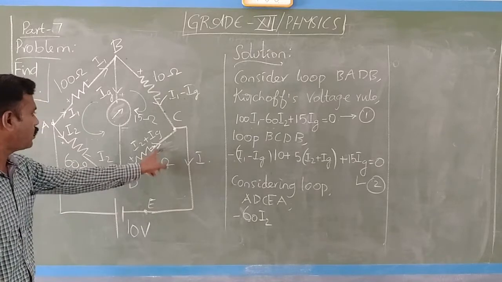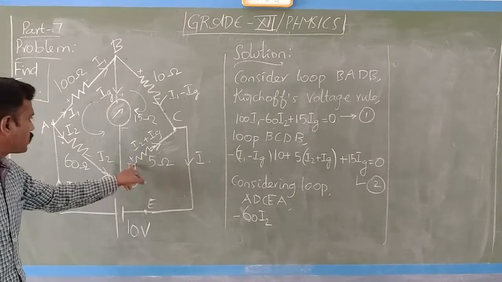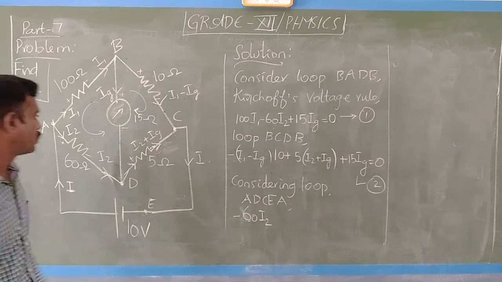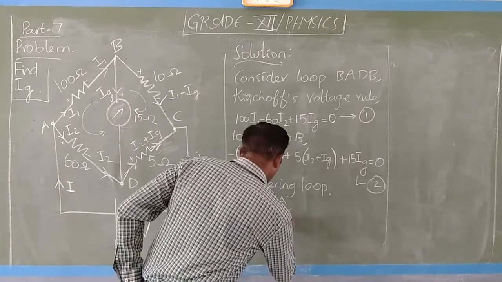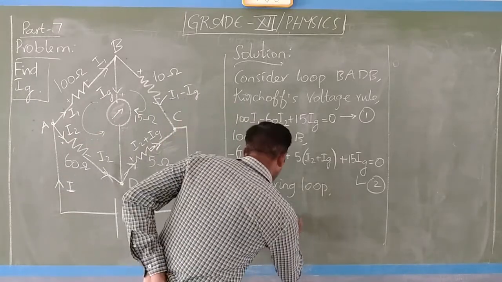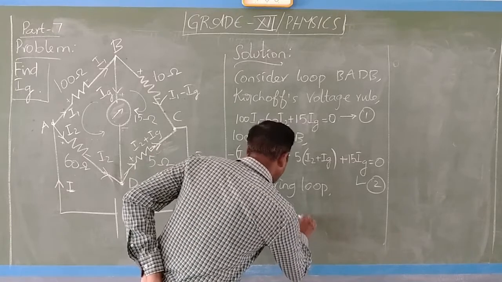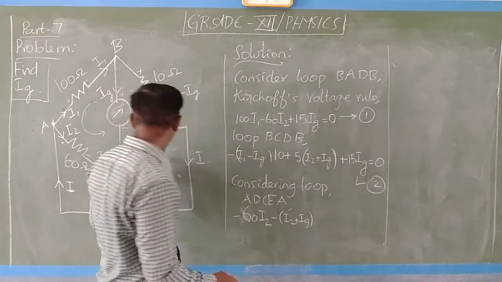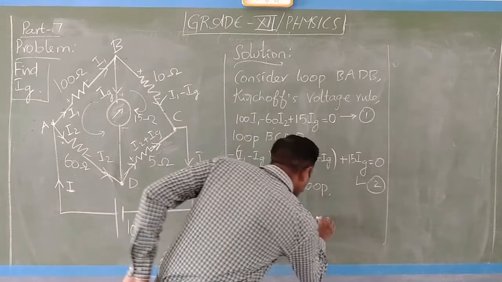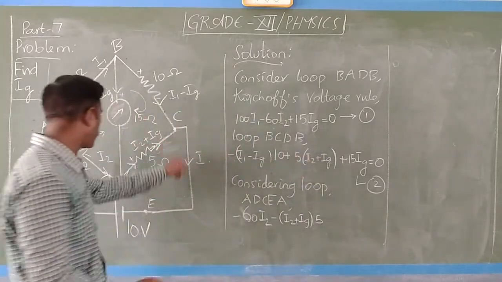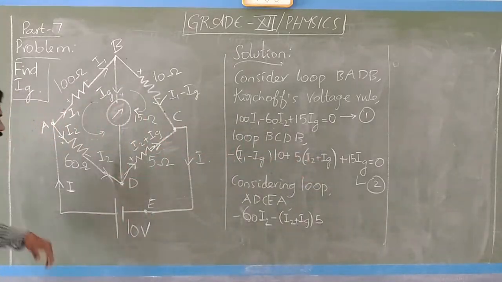What is the value here? Positive to negative, there is a drop here. So negative of I2 plus Ig into 5 ohms. Then again here, what is the direction of this?